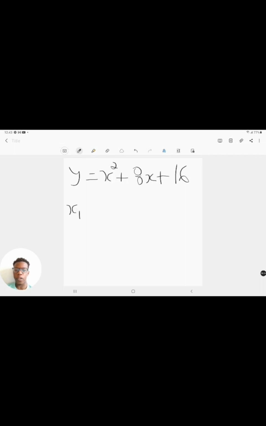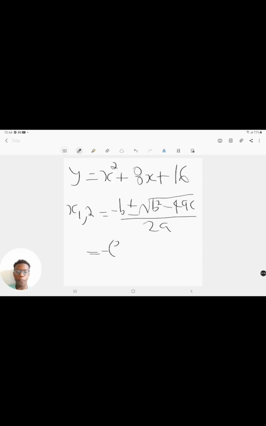In this video, we've got x1 and x2 is equal to... what am I doing? I'm lying. Minus b plus or minus, this is the quadratic formula, the square root of b squared minus 4ac, divided by 2a. So what is b?